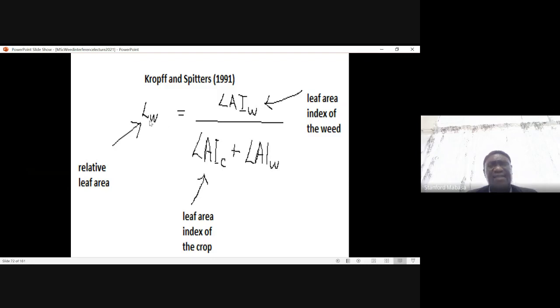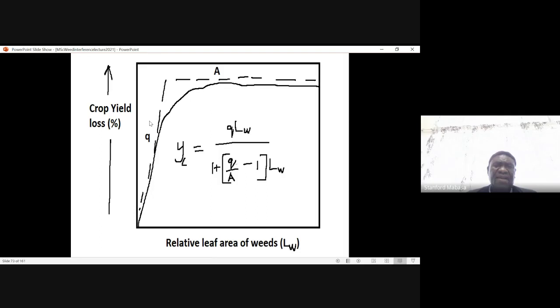Then you relate this to your crop yield loss. And these authors had resolved the problem of time of weed seedling emergence because it can cause problems in predicting yield losses. Now, when they plotted the graph, there's the Q and A, like what we were trying to demonstrate. And this is how you can predict yield loss.